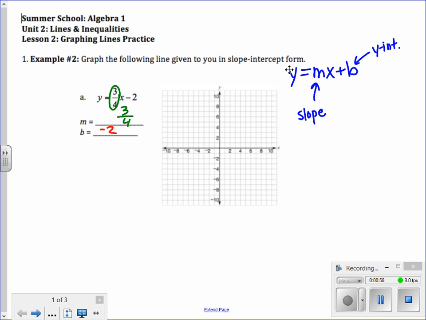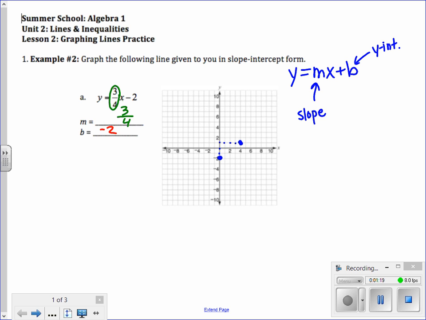Now, when I make this line, I always start at the y-intercept here, so that means I start at -2. That's my starting point. 3/4 is my slope. That's my rise over run. So 3 is positive, so I go up 1, 2, 3. I always run to the right over 4. That's my new point.